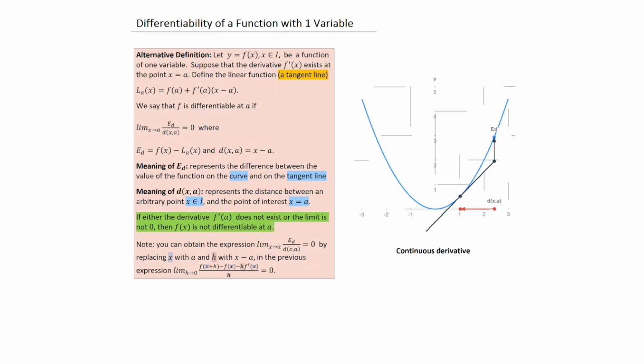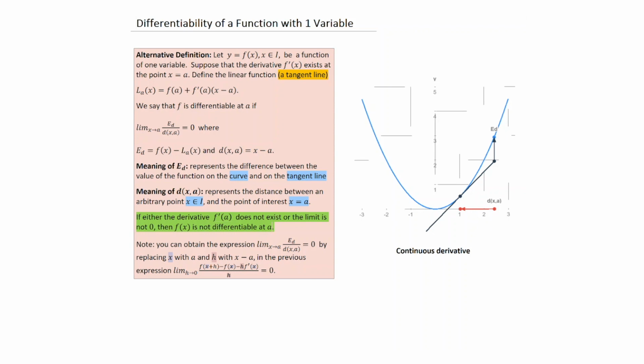I'm going to write it now in a more concrete fashion, and we'll make reference to the picture on the right-hand side. Let y equal f of x, with x an element of an interval I, be a function of one variable. Suppose that the derivative f prime exists at the point x equals a.